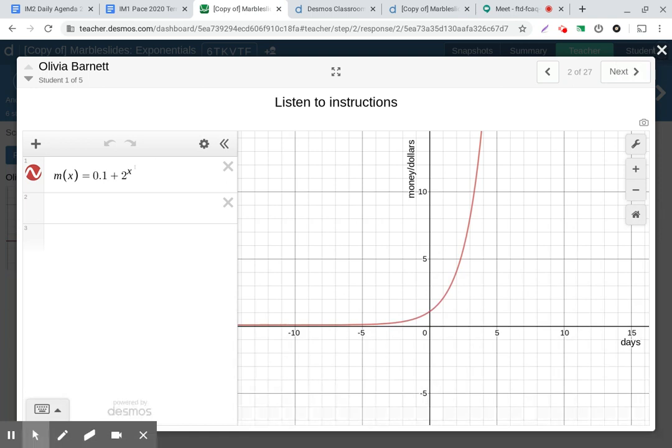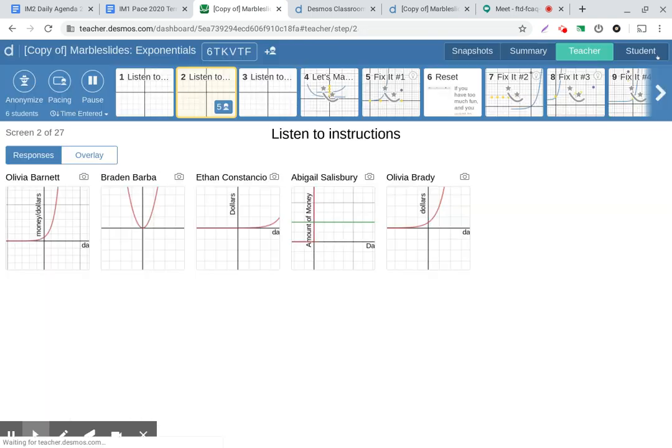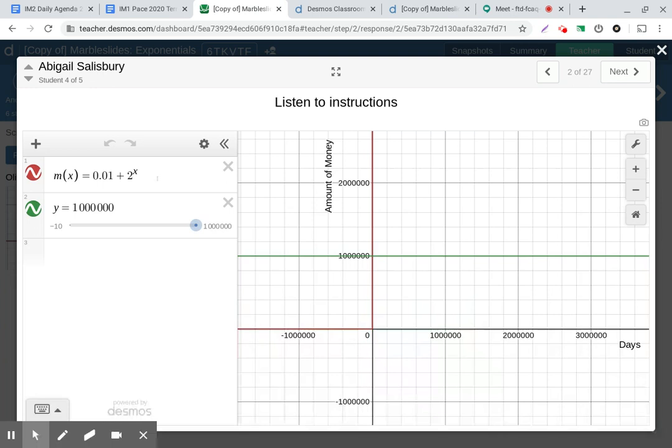Oh, and this one, you don't want to put plus 2x. It's actually times. Let me make sure that everybody has that. So before we do that, Abby, instead of the plus, it has to be times on the equation. Now I figured out when I was trying to find $1 million, I couldn't find it.